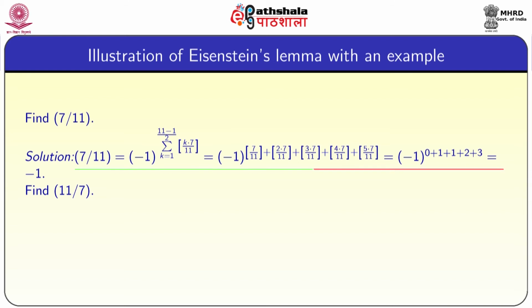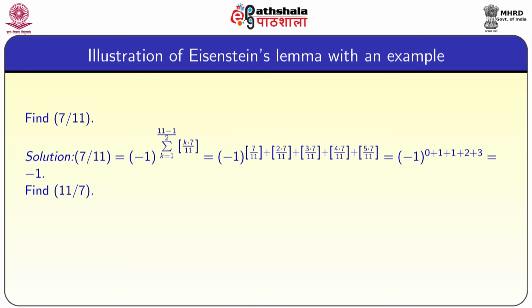So, (−1) to the power floor of 7/11 plus floor of 2·7/11 and so on plus floor of 5·7/11, which is equal to (−1) to the power 0+1+1+2+3, which is equal to −1. That means that 7 is not a quadratic residue modulo 11.